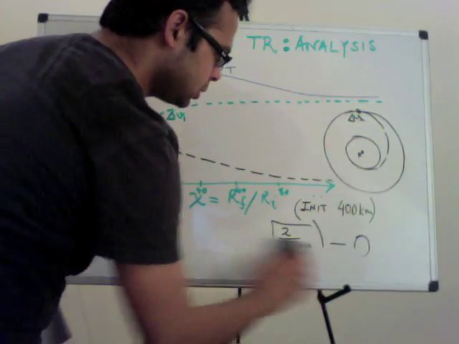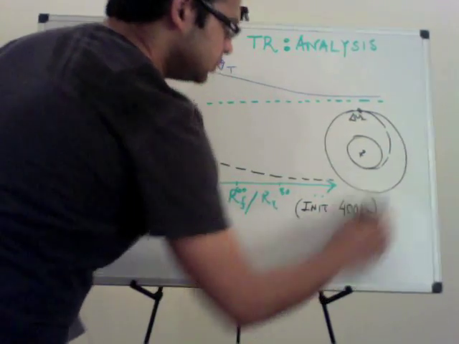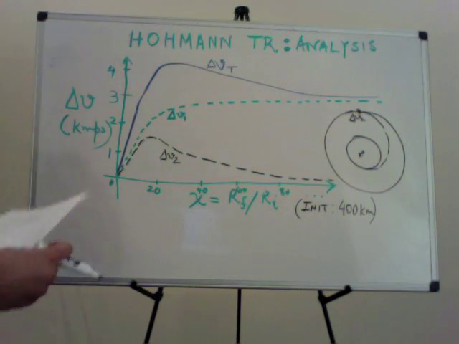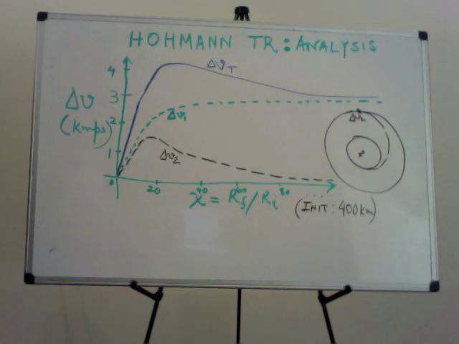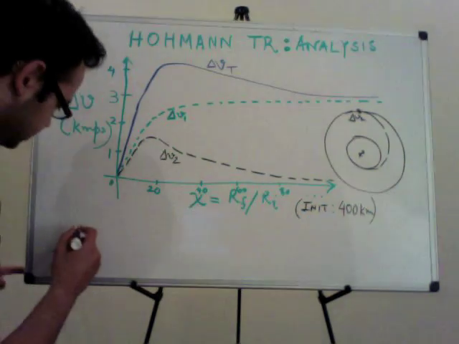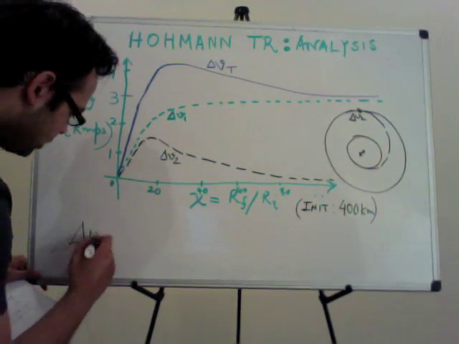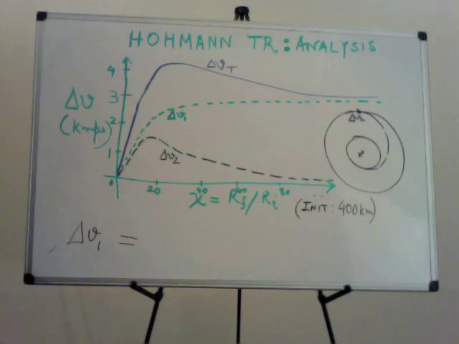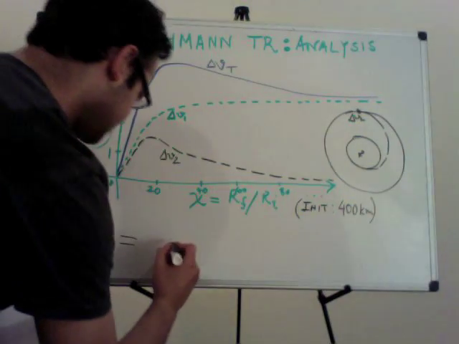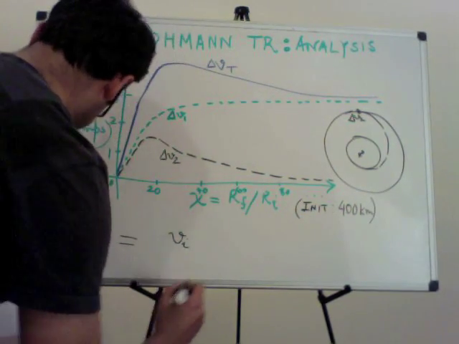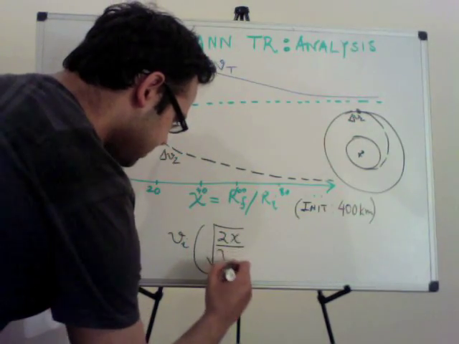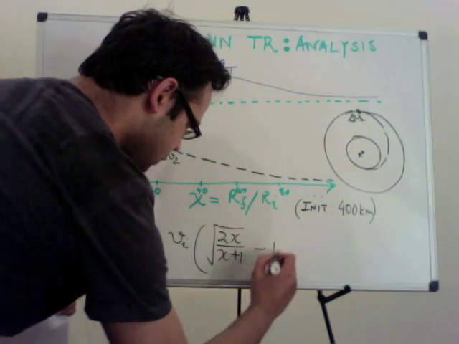Now, let us look at what happens to delta V1. So, if you recall the expression for delta V1, which was equation number, I don't remember what equation number it was, but basically it is Vi times square root of 2 chi over chi plus 1, minus 1.